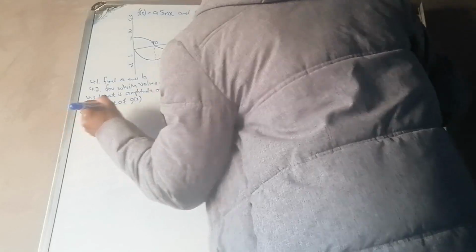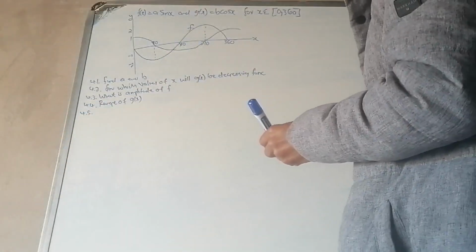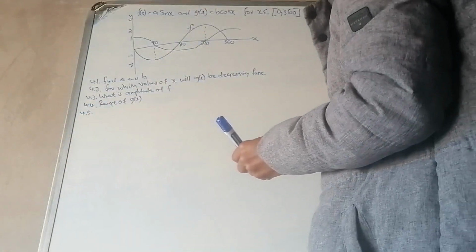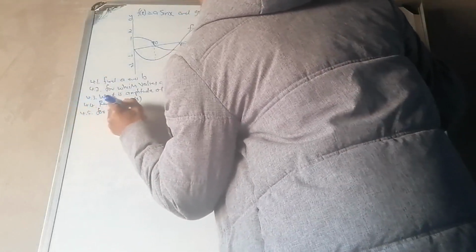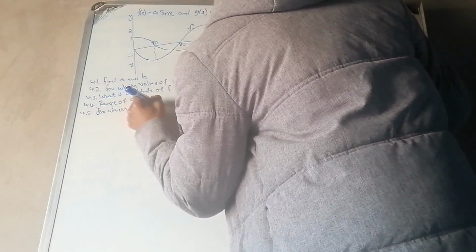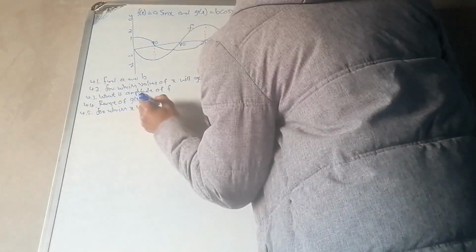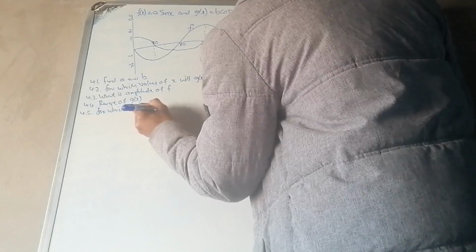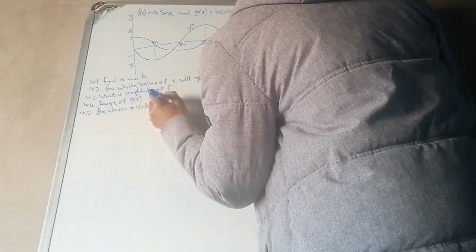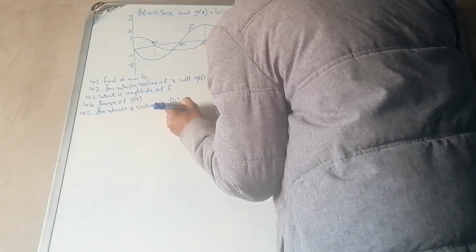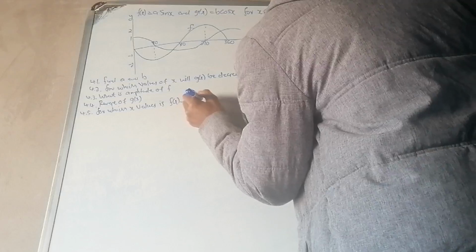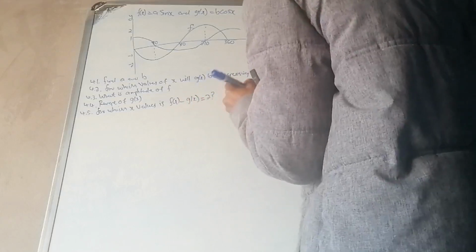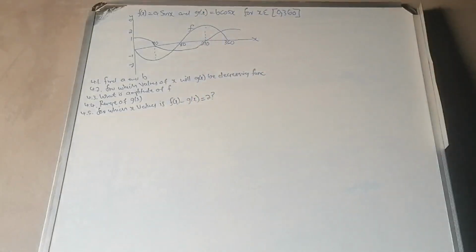And then the last one: for which x values will f(x) minus g(x) equal 2? And then this is the end of the question.